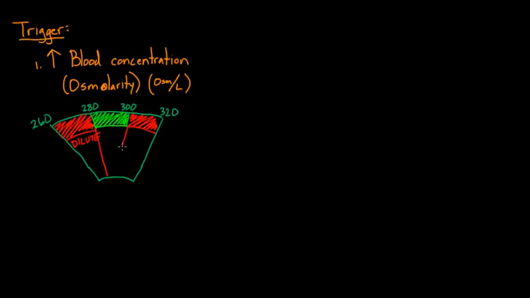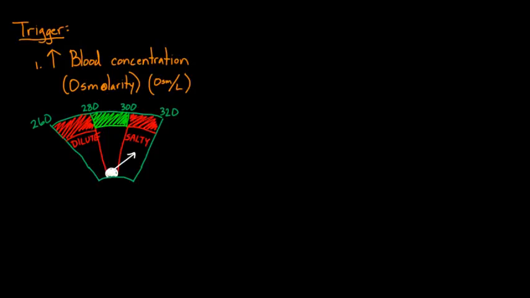And if it's on this side, your body's noticing that it's too salty. The body is saying that the blood is too salty. And so in this case, if you have a meter down here, if the needle is falling in this area, then that's going to be a trigger for ADH release. So that's the first trigger that we can talk about.